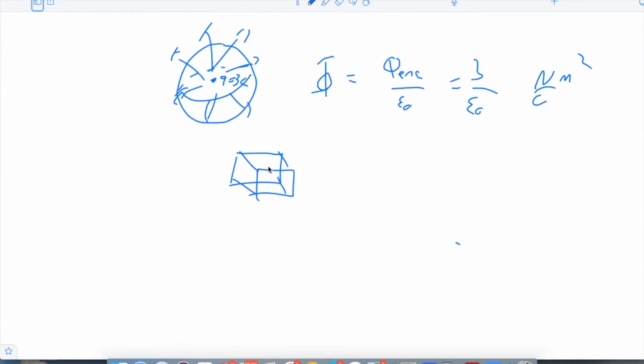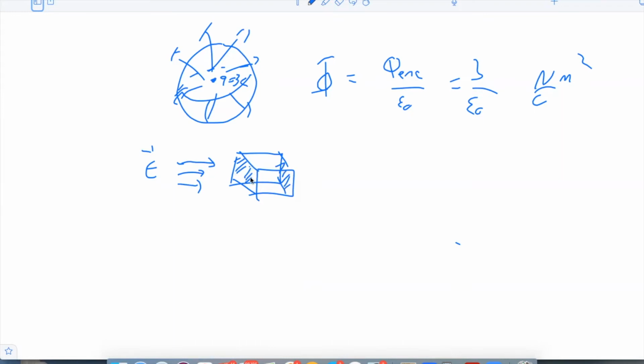If I've got this cube here, and I've got, say, a constant electric field that's pointing to the side. So it's flowing across all of these 6 sides. These 2 sides over here and this side, it's passing perpendicularly through.